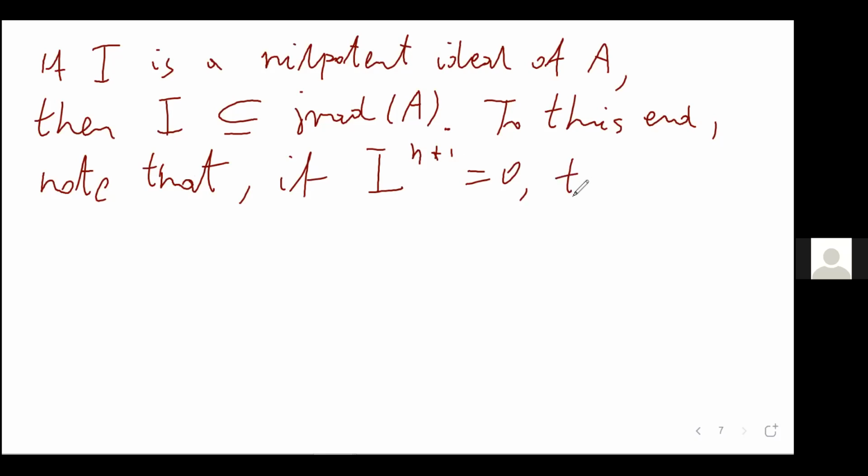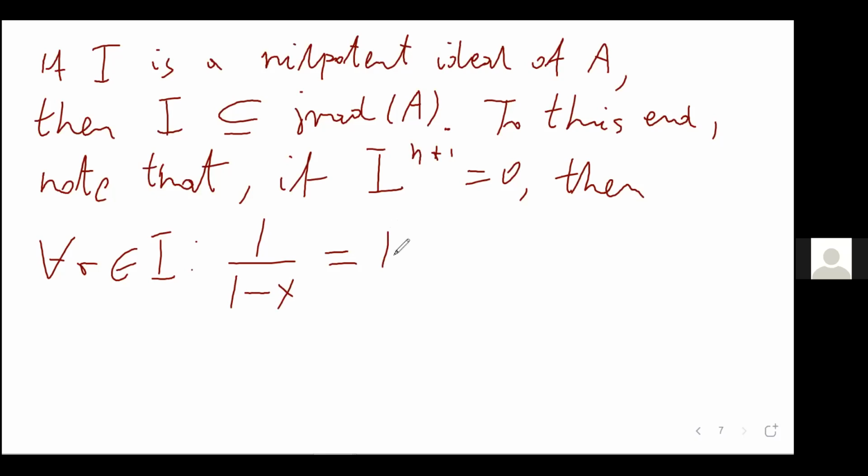If this is the case, then for any r in this ideal, you can explicitly write the inverse of 1 minus r. This is 1 plus r plus r squared, up to r to the n.